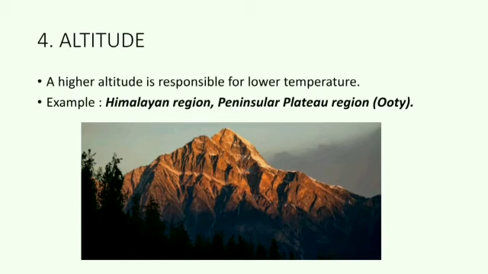However, the temperatures in the Himalayan region are still lower due to both the greater distance from the equator and a higher altitude. A region located away from the equator experiences a cool climate because it receives slanting sun rays, hence it is cool throughout the year.